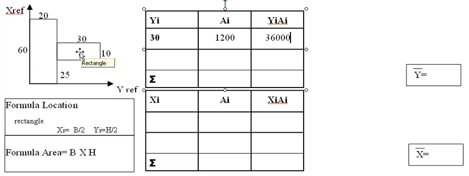The center of just this shape would be right about here. To figure out the y value, the first thing we need to know is how far this edge is off of the y reference line. In this case they've given us 25.